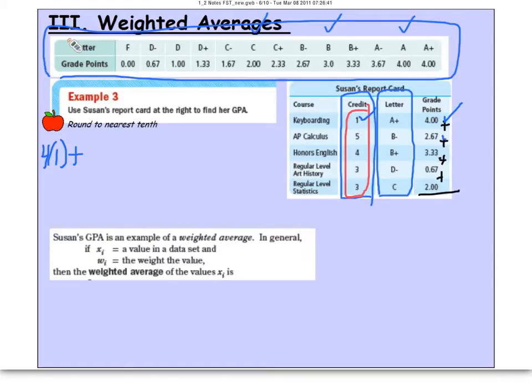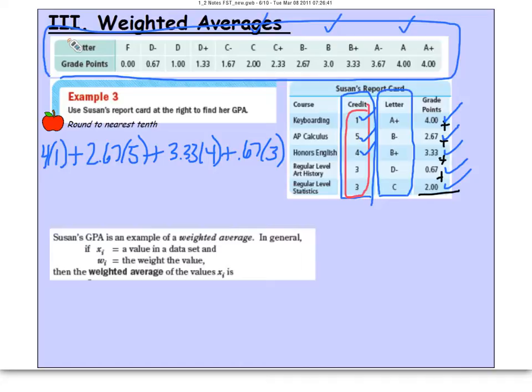Plus, she got a 2.67 for 5 credits. So we're going to give her 2.67 for the 5 credits. So that gets weighted more. She had a 3.33 for 4 credits. 0.67 for 3 credits. That class didn't go so well. And the last is a 2.0 for 3 credits.